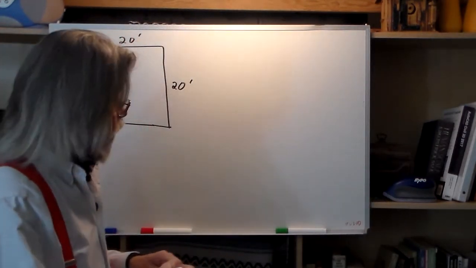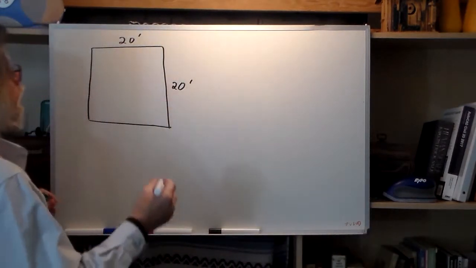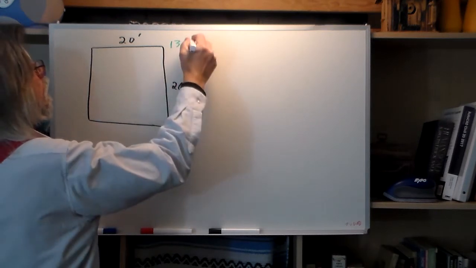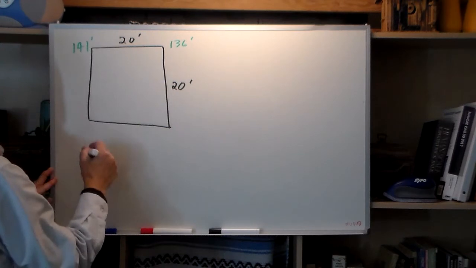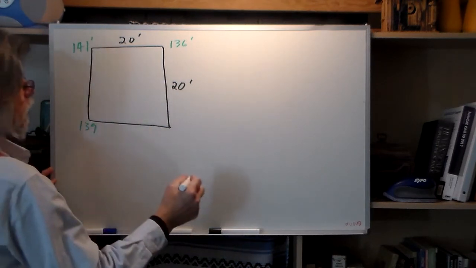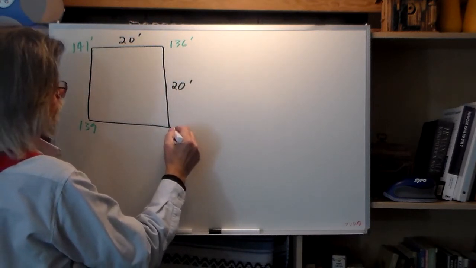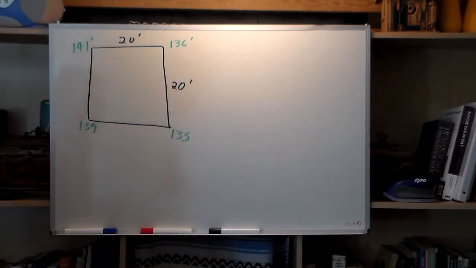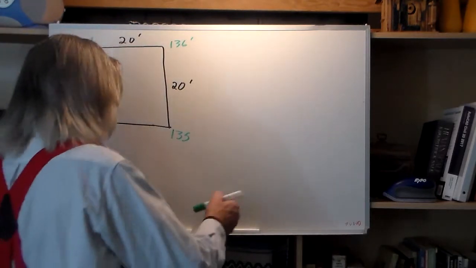And we have an existing ground elevation of 136, 141, 139, and 135. Okay, that is the existing ground elevation of the four corners of our square.